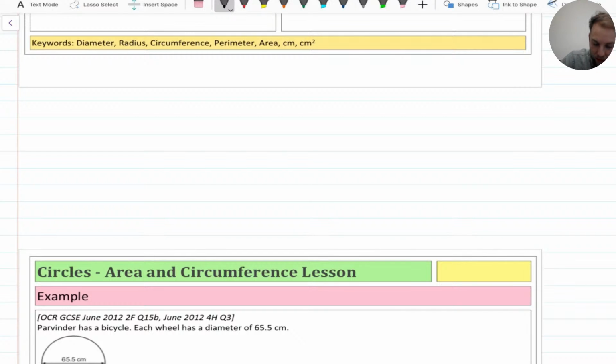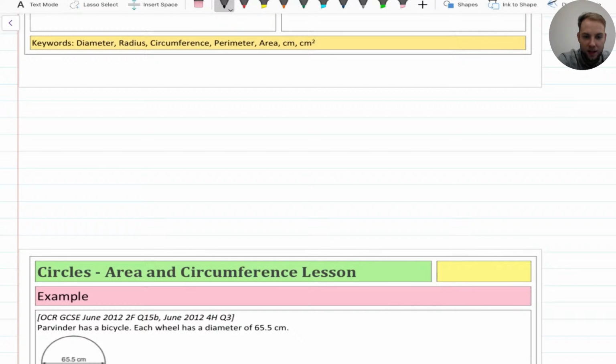So what was one of the formulas that we learnt yesterday with circles? What was the formula for area? Pop your hand up if you know. Good, there we go.